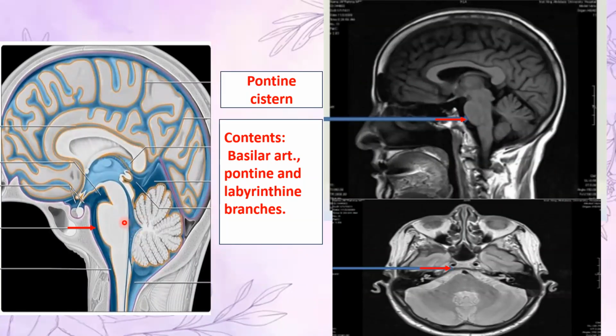It contains the basilar artery, which is formed by the union of the vertebral arteries, in addition to its labyrinthine and pontine branches. Once again, you can see in this mid-sagittal MRI the pontine cistern situated anterior to the pons. And in this axial section, we see it also in its location anterior to the pons.